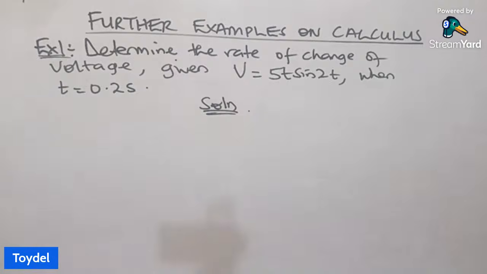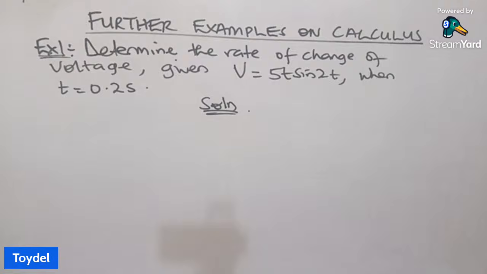The question says that we should determine the rate of change of voltage, given V is equal to 5t sine 2t when t is equal to 0.2 seconds.